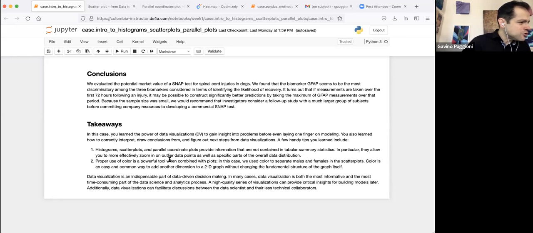How many subjects would you need for a proper conclusion in this case, asks Diego. Again, it really depends on the variability of the population. So if we know that spinal recovery in dogs can depend a lot on age, we do need to have representation for all ages.